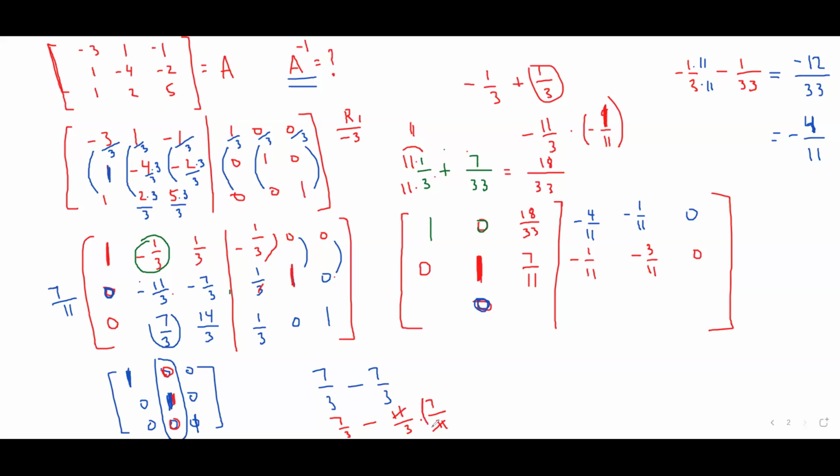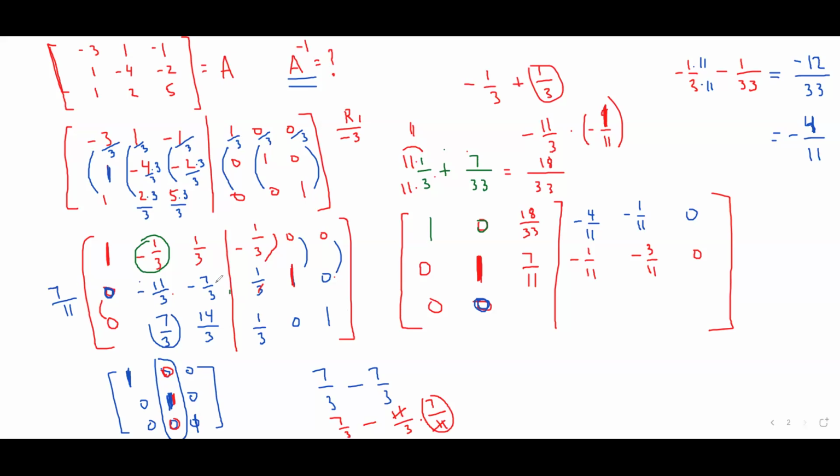So 7/11 is what I'm going to be using. So times by 0, and 0 will not change anything here, because again, multiplying by 0 is still 0, and adding with 0 is 0. So that first column will be preserved. All we care about is the last entry right now.